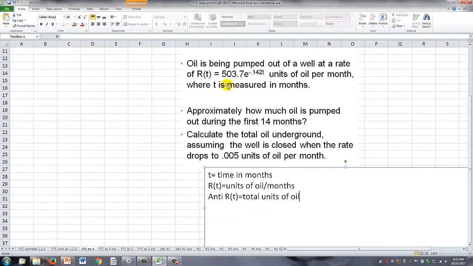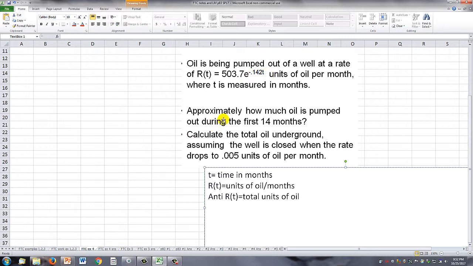And so this antiderivative has a shortcut. You take the constant 503.7, you divide it by the derivative of this power because it's a linear power, and then e to the negative 0.142 t stays there.